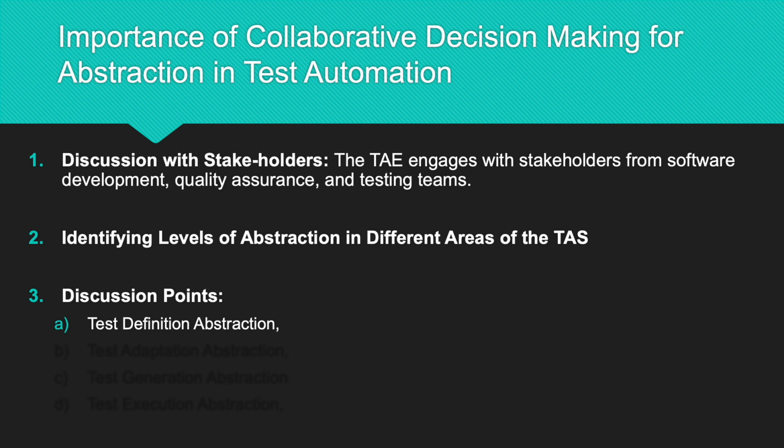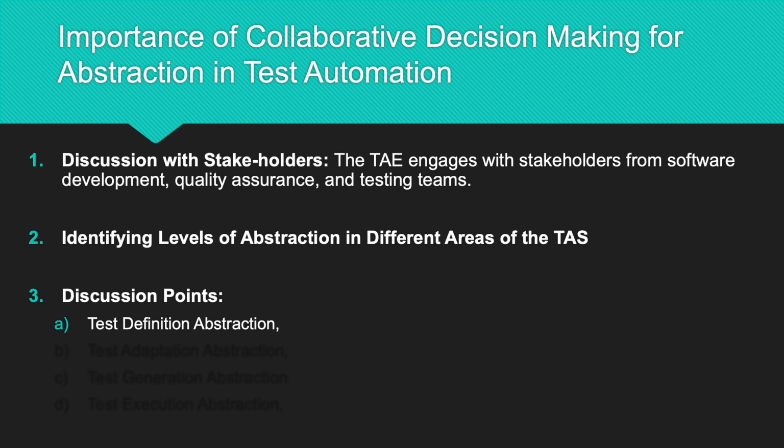One key decision we make is whether to use abstract test definitions or rely solely on test scripts in our test execution layer. We weigh the benefits and drawbacks of each approach to determine the best fit for our project. So for example, suppose we are automating testing for an e-commerce website. Instead of hard coding specific test steps for each test case, we abstract test definitions that describe the intended behavior of the system.